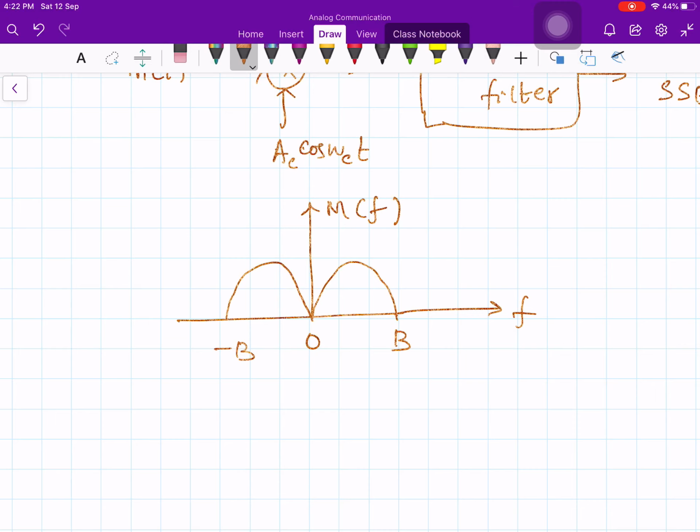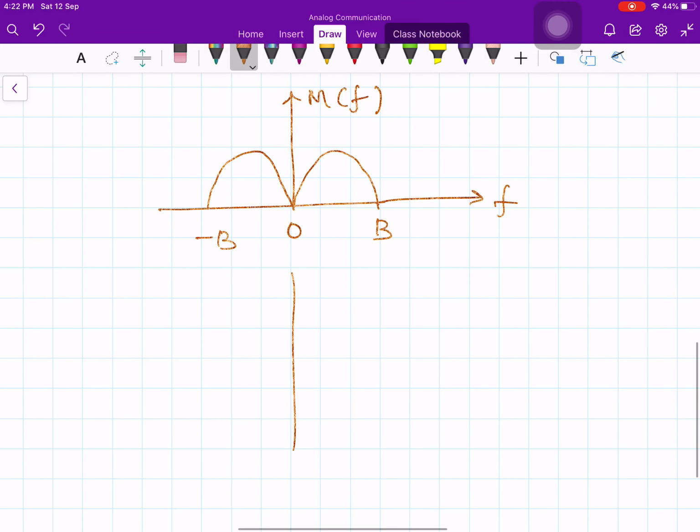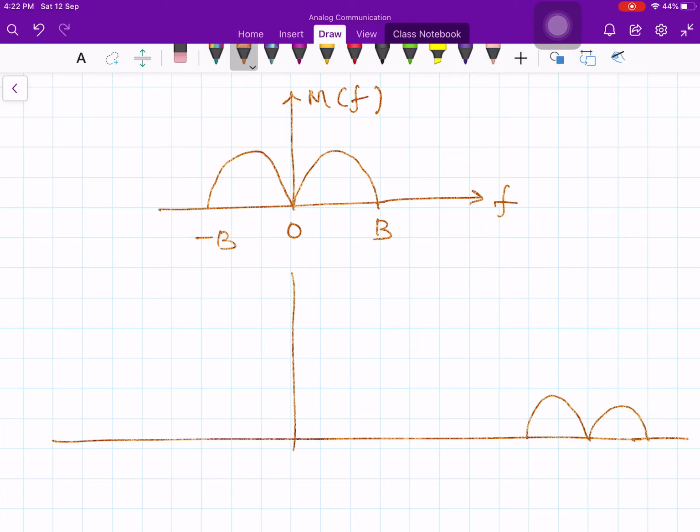And once you do the modulation, then it will be like this, and this side also like this. Okay, so this is the spectrum of your DSB-SC modulator output. Now after passing through the sideband filter, we are retaining only the upper sideband.